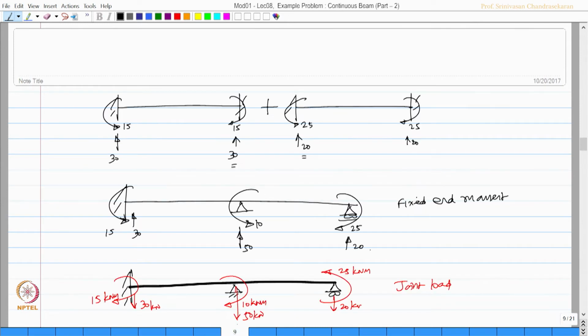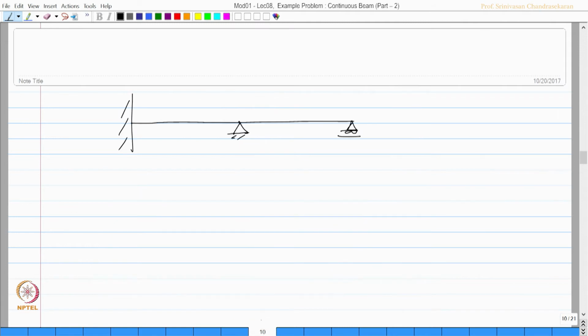Okay. Now, let us compare this with my standard convention what I had. So, the joint loads are clockwise 15 kilonewton meter, clockwise 10 kilonewton meter, anti-clockwise 25 kilonewton meter.